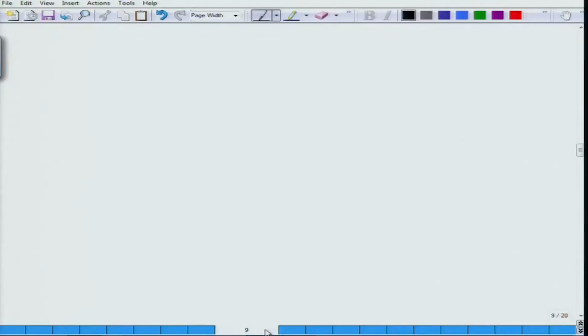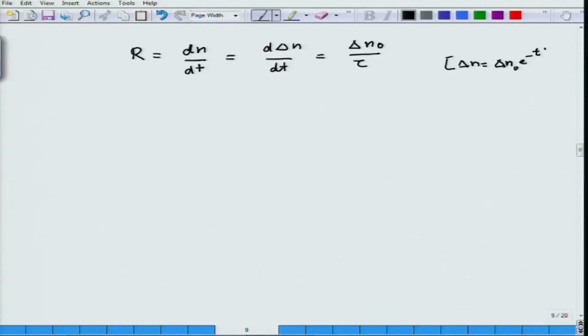In this low level injection regime, the recombination rate, which is d delta n over dt, is nothing but delta n over tau, because delta n is delta n naught exponential minus t over tau. So this is our recombination rate.